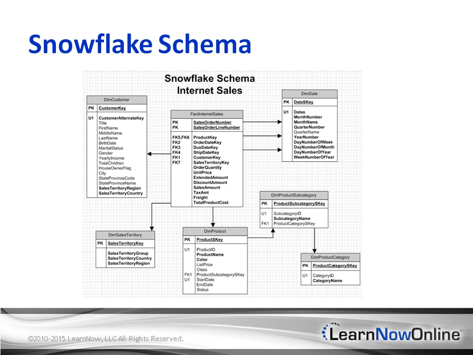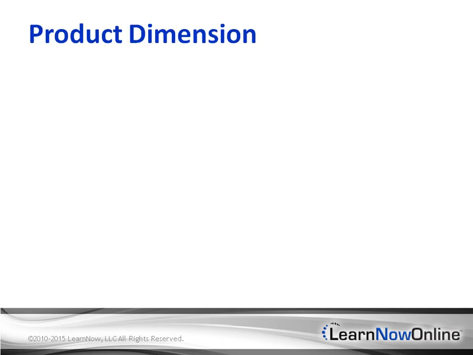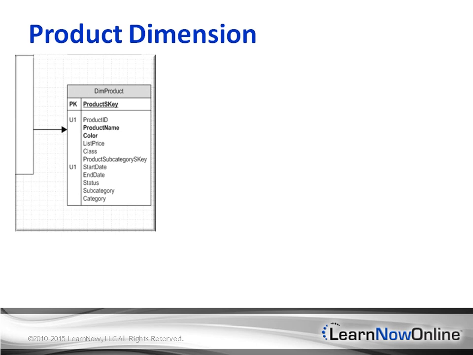Experts suggest using a star schema over a snowflake schema for processing cube performance, but sometimes a snowflake is the only option available to you. Let's compare the product dimension in the two models to see the difference. The star schema has category and subcategory columns in the product table.